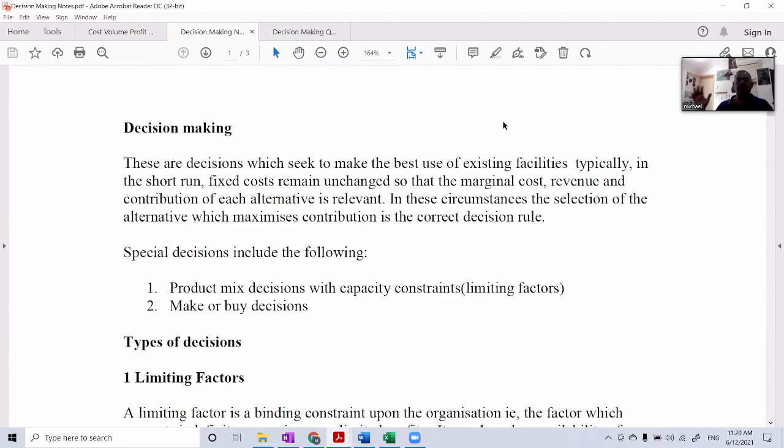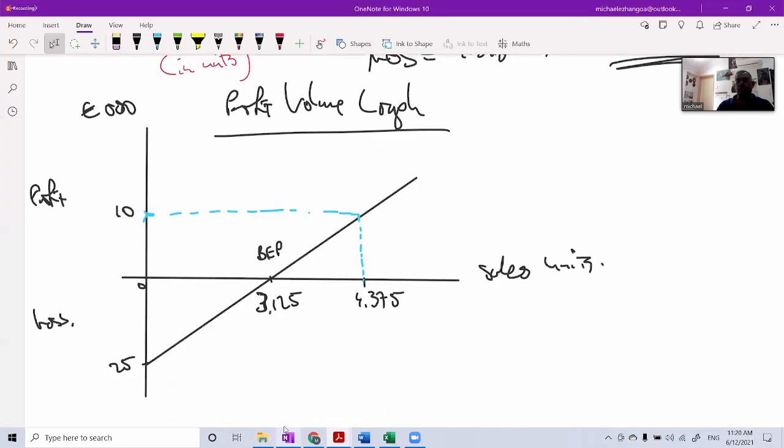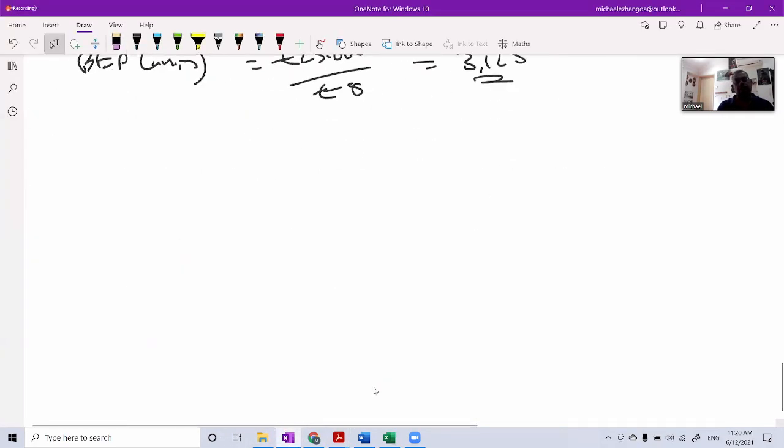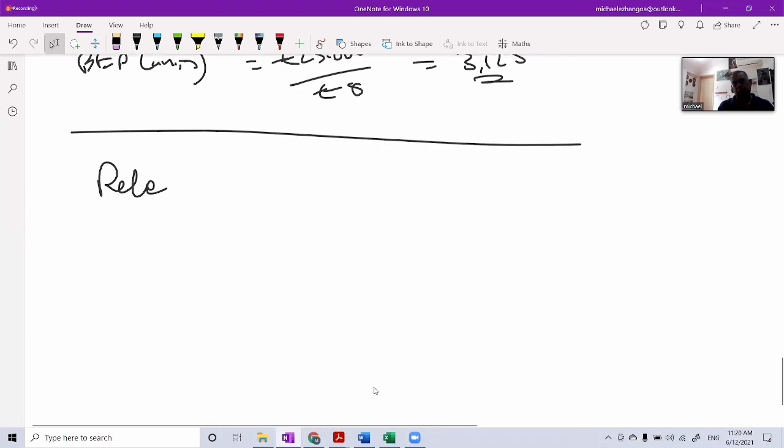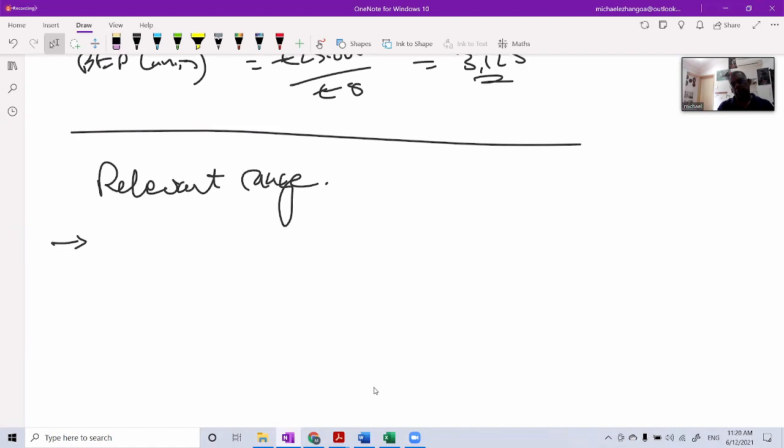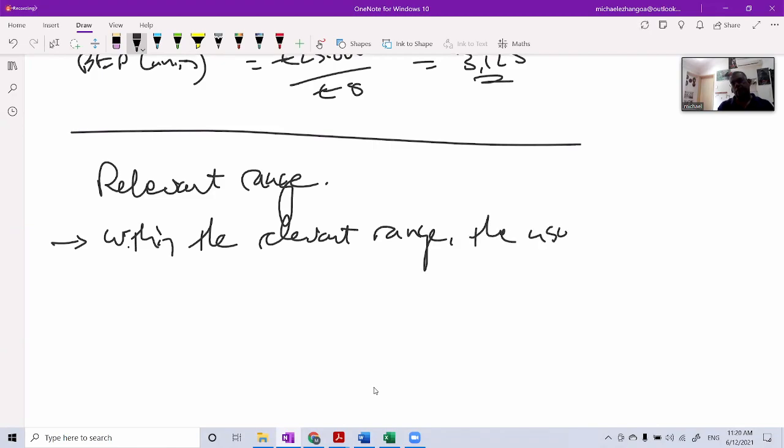Within that relevant range, don't forget the concept of relevant range, these are the usual assumptions.